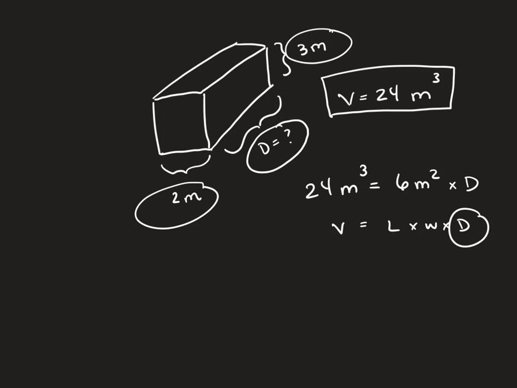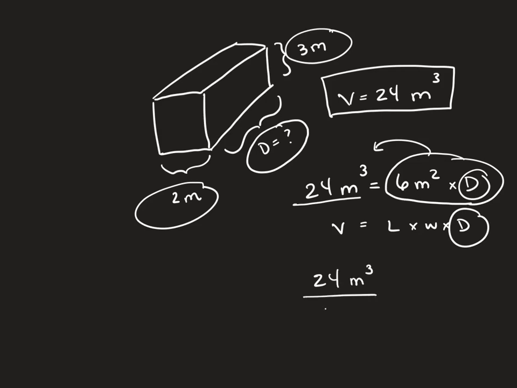Since you're basically multiplying the length and the width times the depth to give you this, just take 24 cubic meters and divide it by 6 meters squared. 24 divided by 6 is going to give you 4.